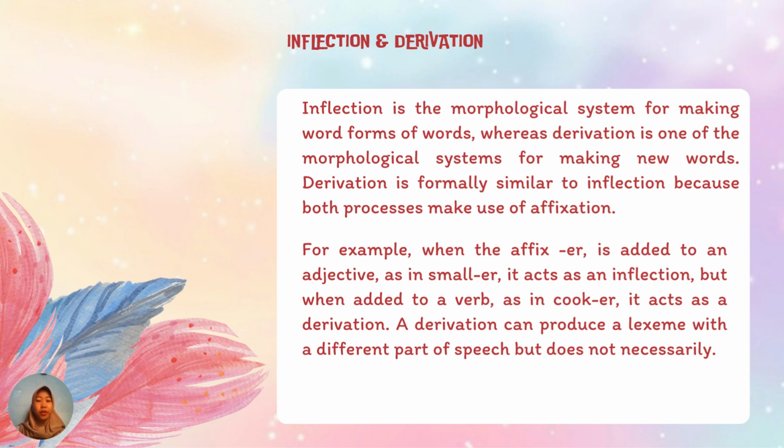For example, when the affix "er" is added to an adjective, as in smaller, it is an inflection, but when added to a verb, as in cooker, it is a derivation. A derivation converts a lexeme into a different part of speech.